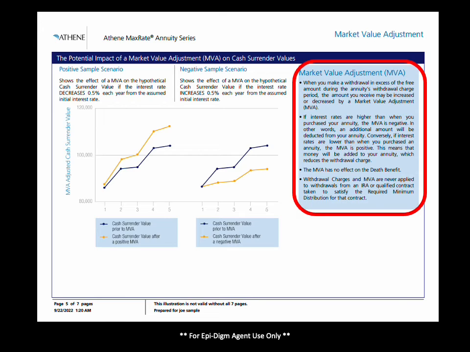Market value adjustment is attached to your surrender charges. Okay? It could benefit the client in one sense. It could be positive thing for client, or it could be negative thing for the client. It could go either direction. Let's say insurance company had a surrender charges and client take out money.